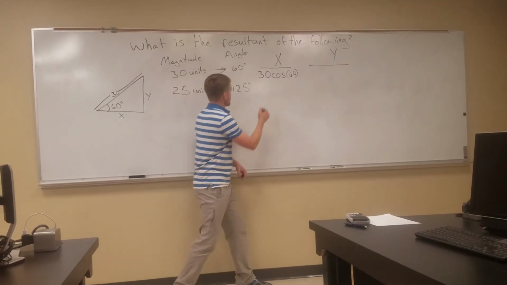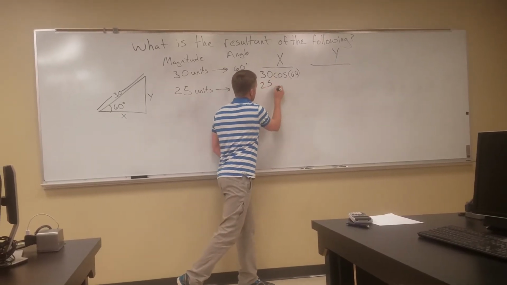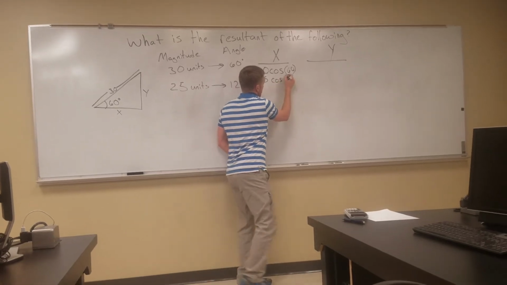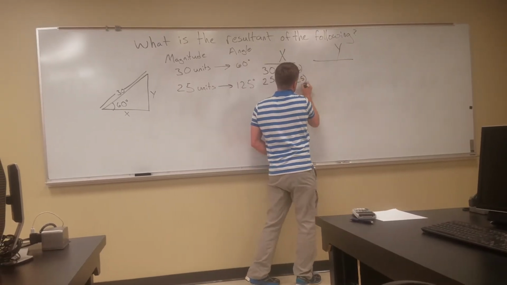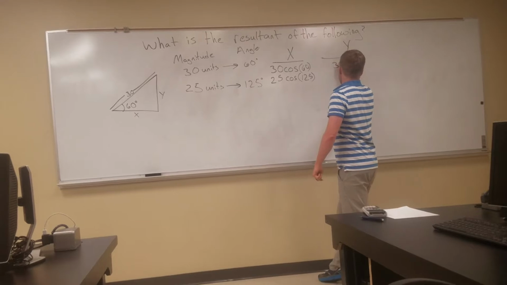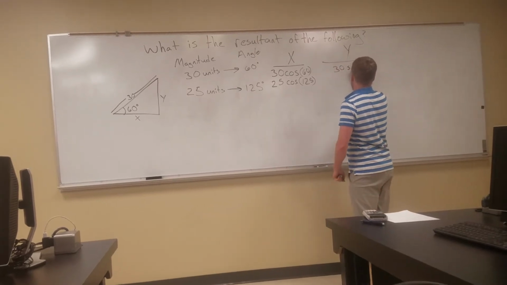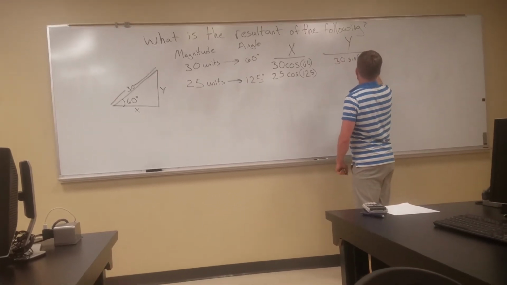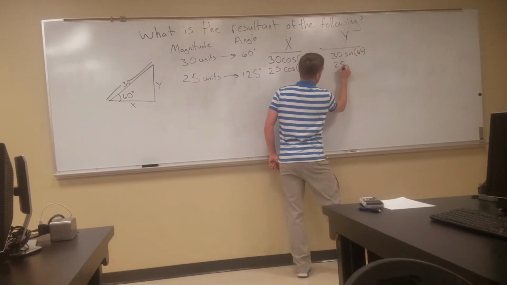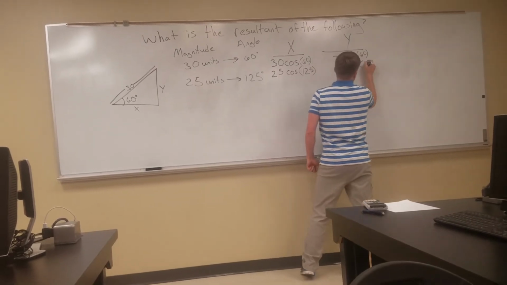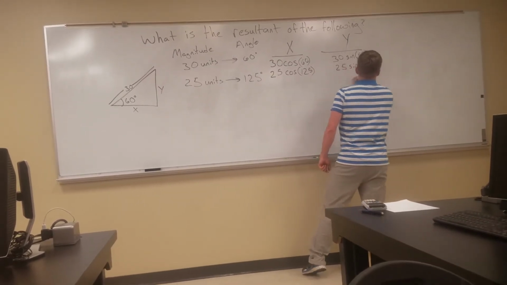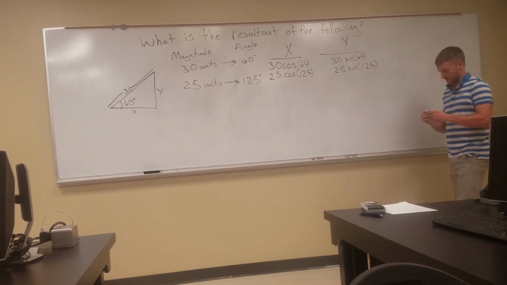And for the second one, it would be 25 cosine of the angle, 125 degrees. Likewise for the y, but it would be sine: 30 sine 60, 25 sine 125. Okay?